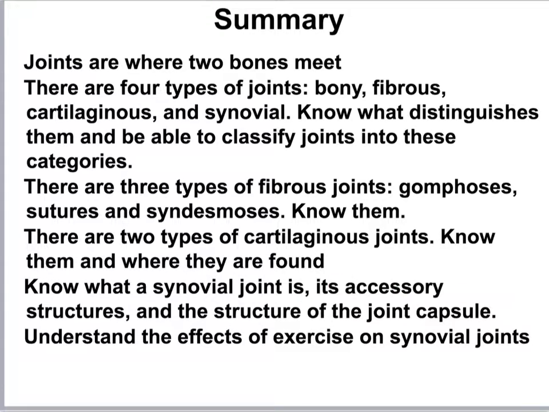Its accessory structures: ligaments, bursa, tendon sheaths, the joint capsule, the synovial membrane, and the cartilaginous pads, meniscus, things like that. You should know what those are, what role they play, and you need to understand what role exercise plays in cartilage health at synovial joints.